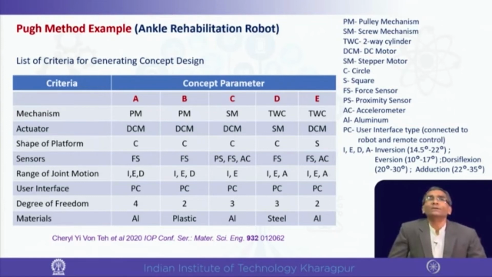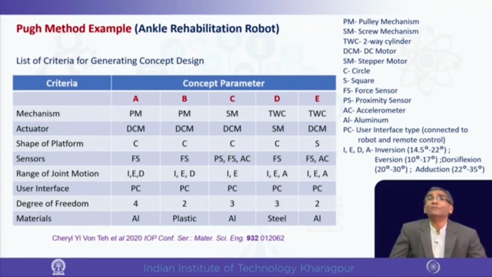Here is the example of an ankle rehabilitation robot. On the right side, there is a chart which gives the different components that have gone into the robot, and they are, say, pulley mechanism, screw mechanism, 2-way cylinder, DC motor, and so on and so forth, and you can see the stepper motor.